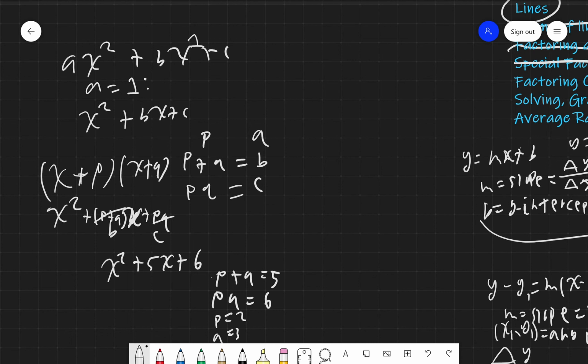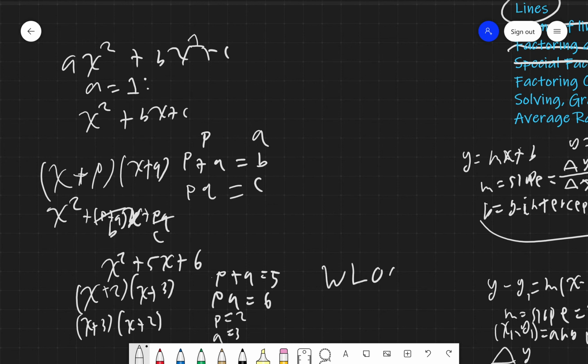It doesn't really matter, because if we have p equals 2 and q equals 3, we have x plus 2 times x plus 3. And if p equals 3 and q equals 2, we'll have x plus 3 times x plus 2. So it doesn't matter. Now we're going to do another one, but a bit harder, and then after that, we're going to move on to when a is not equal to 1.